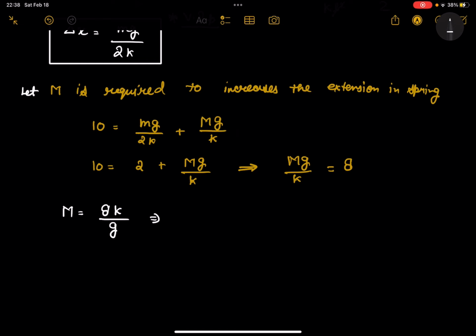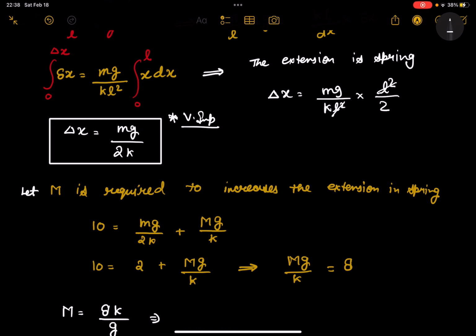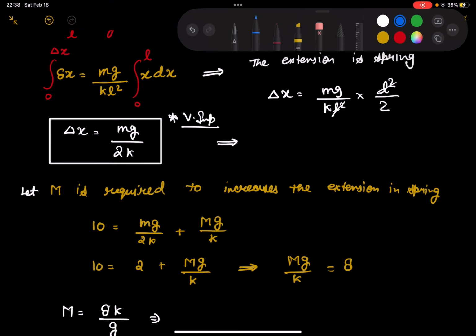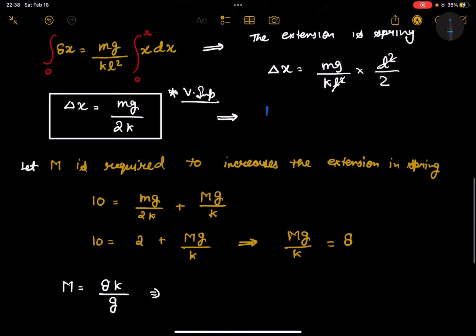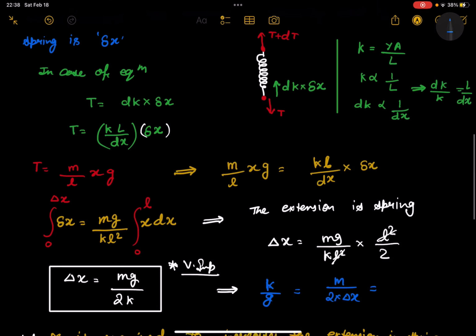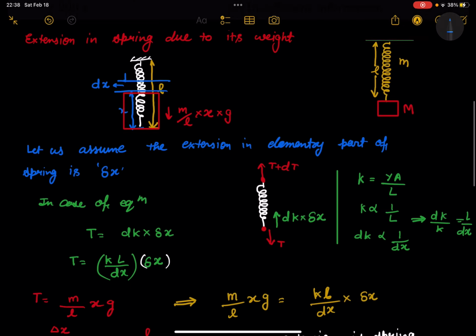Now I want to put the value of k here. So I want to calculate k by g from this equation. The k by g is equal to m by 2 delta x. The small m is given in this question, it is 50 grams.